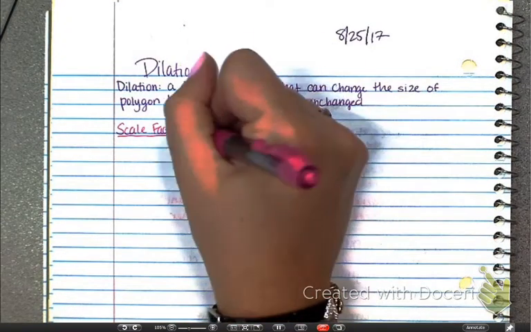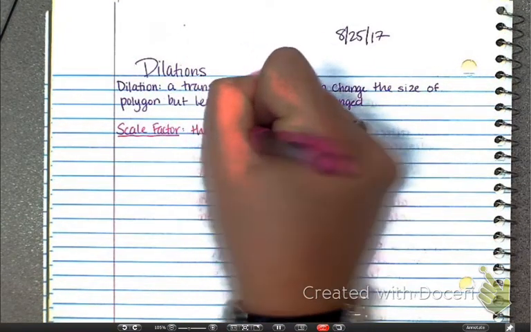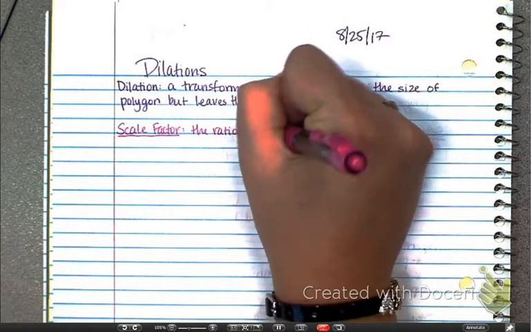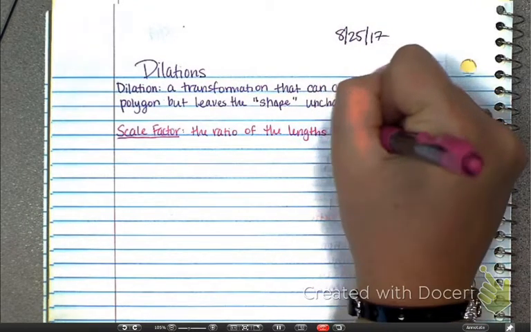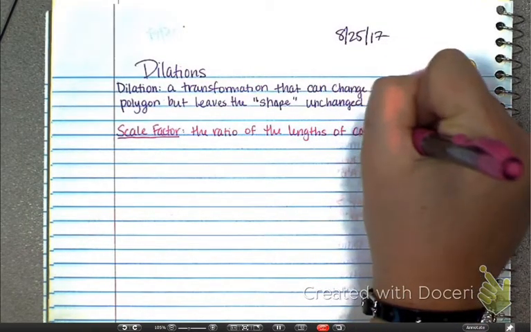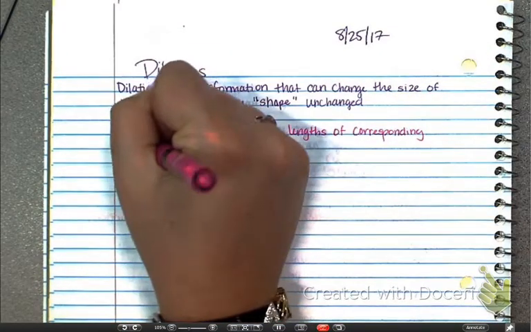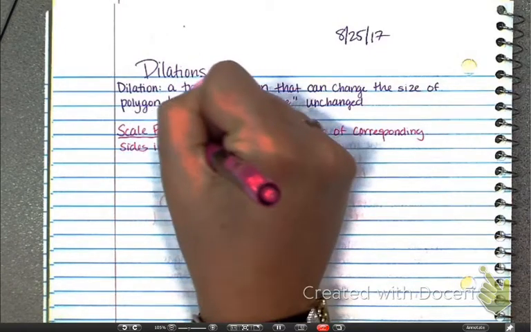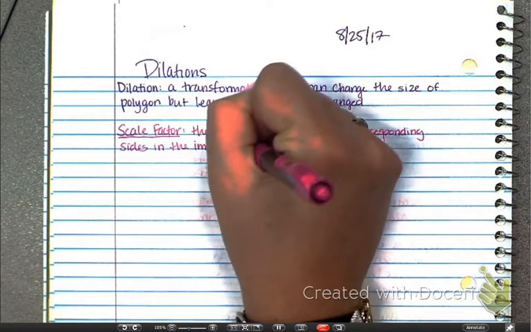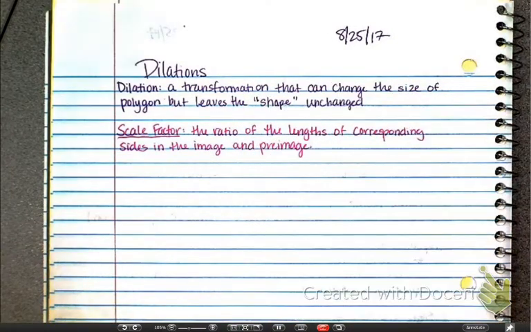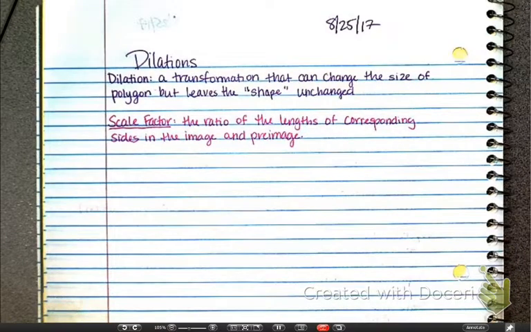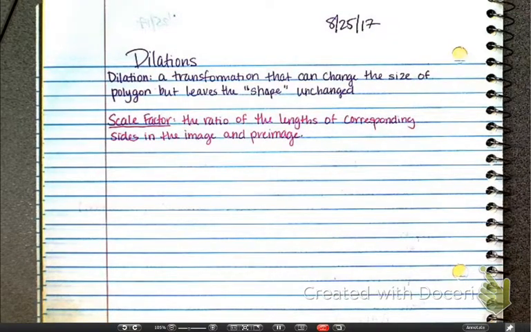So a scale factor is the ratio of the lengths of corresponding sides in the image and the pre-image. Okay, so we're dealing with ratios.